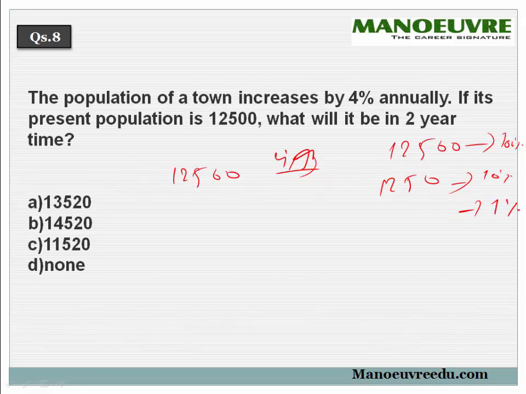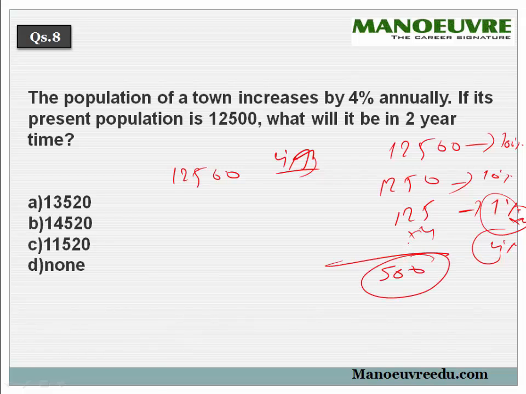So my 1% will be 125. Now it is 4%, so I'll multiply it by 4 here also. So this will be your 500. Okay, so if I add 500, it will become 13,000.